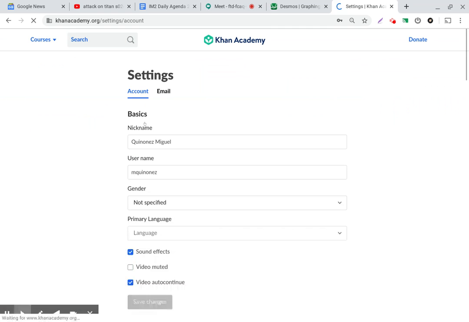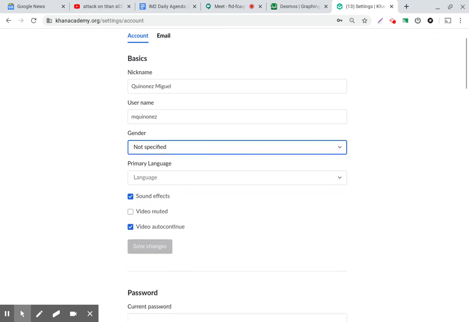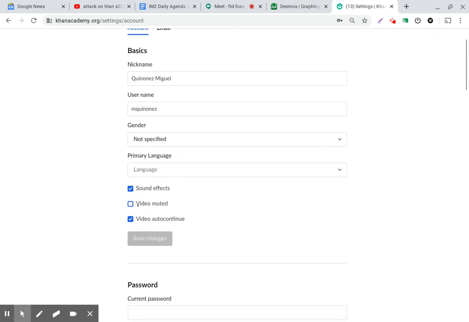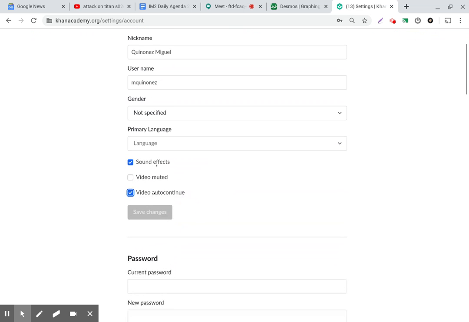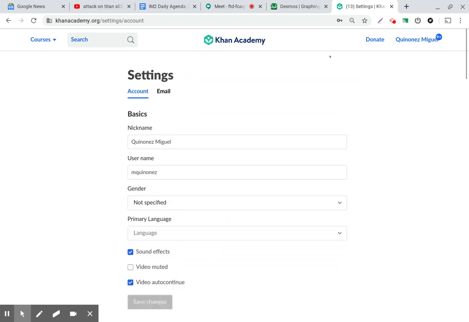This will help me when I type in the grades because the grades are by last name. When I do them, it takes me a long time to do each one. If you guys do yours, I can do some of the other people's later, and it'll help me. So click on your name, then settings, then put your last name first and your first name second. Here's where you could also choose some other options if you like sound effects and all that kind of stuff. Go ahead and do that while I set up the assignment.